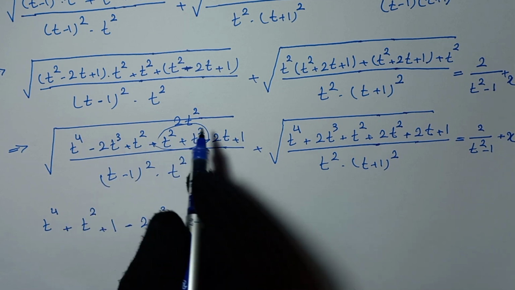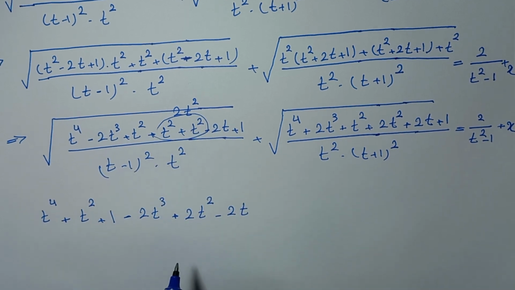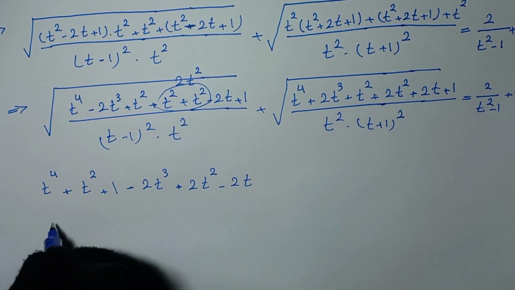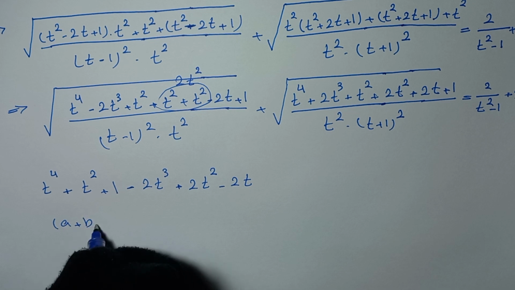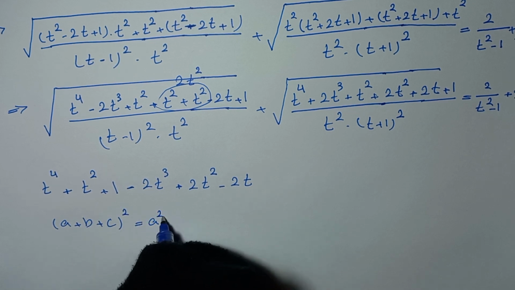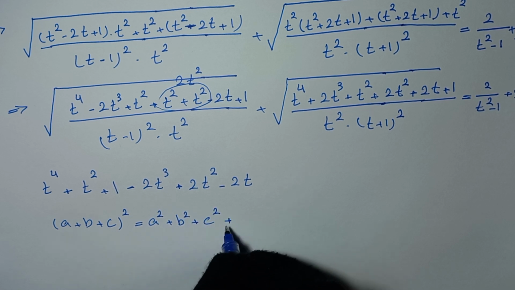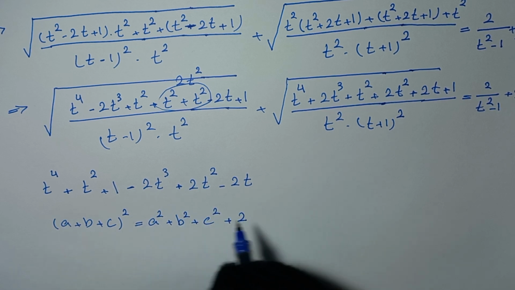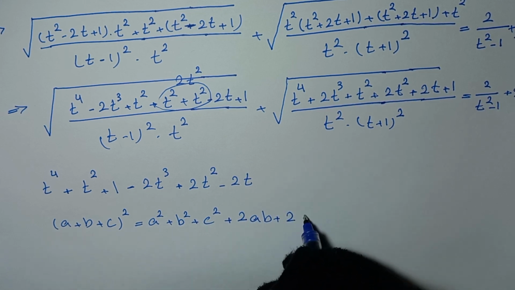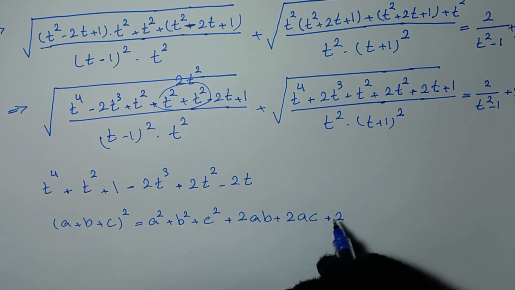We rewrite this numerator in here, and as you know, if we have a plus b plus c to the power of 2, this is equal to a squared plus b squared plus c squared and plus 2ab plus 2ac and plus 2bc.